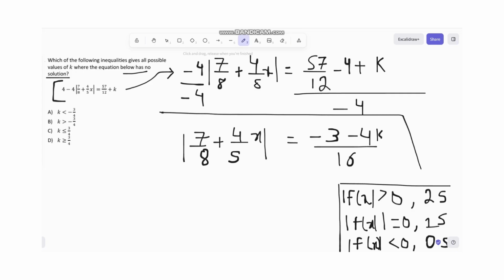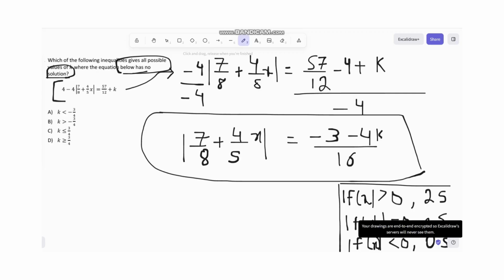Now let's jump back to the original rule of absolute value. We want to say that this equation has no solution. So under what condition will it have no solution? Looking at the table, if mod f(x) is less than 0, it will have 0 solutions. But mod f(x) in this case is equal to negative 3 minus 4k by 16.